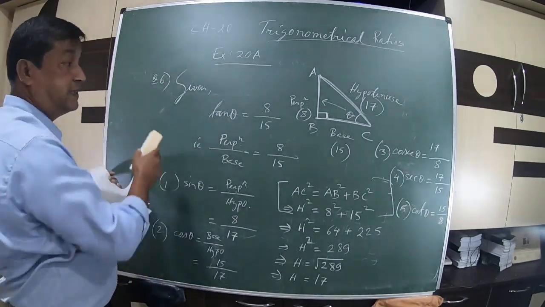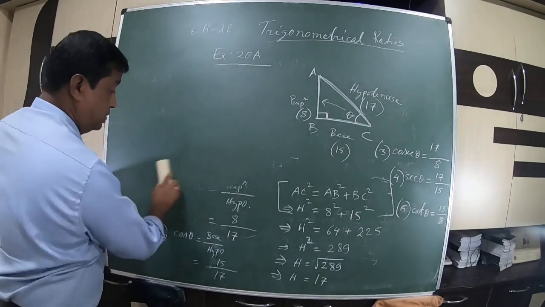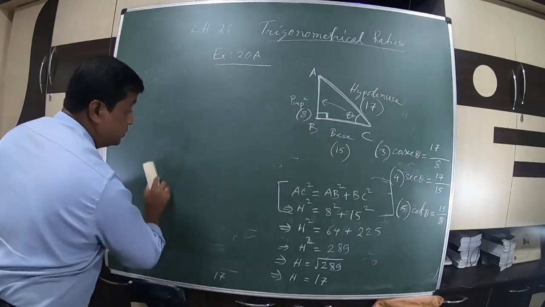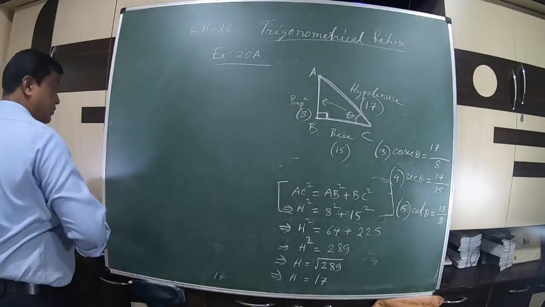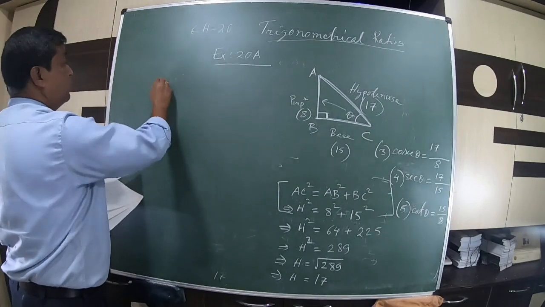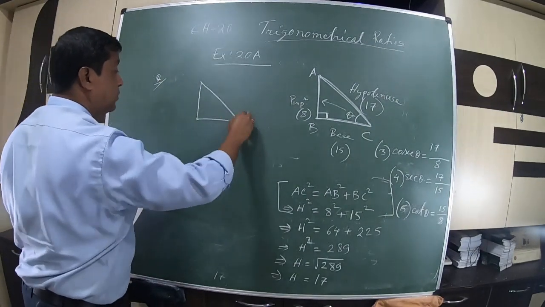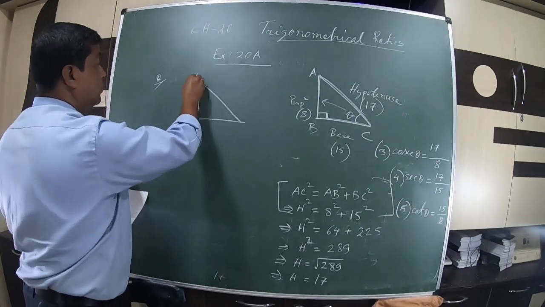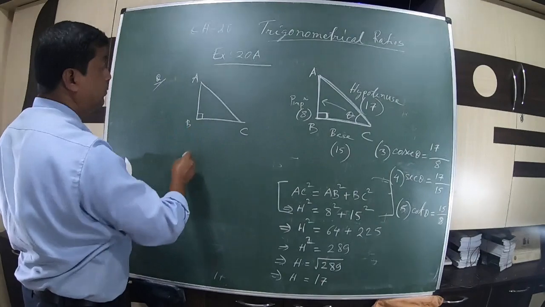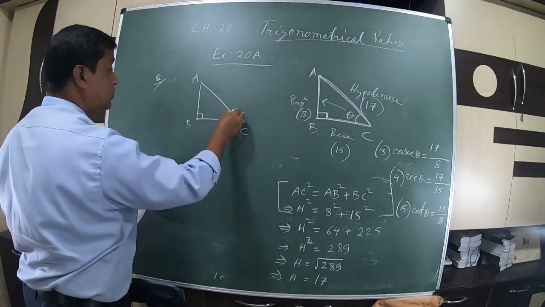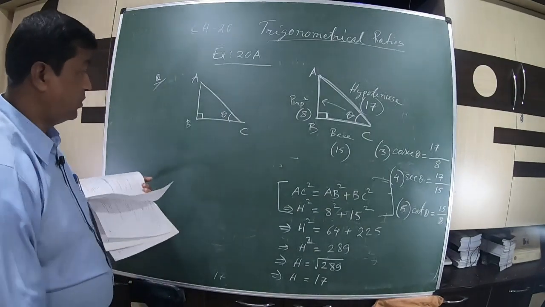I will give one simple sum so that you can find the third side. Suppose this is the question. Take this diagram.